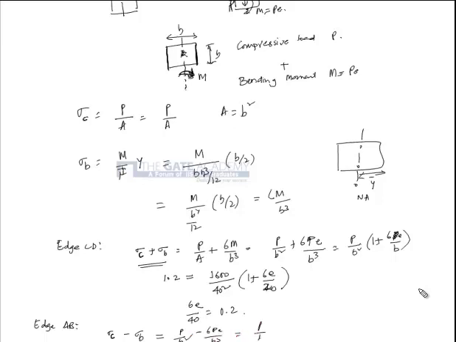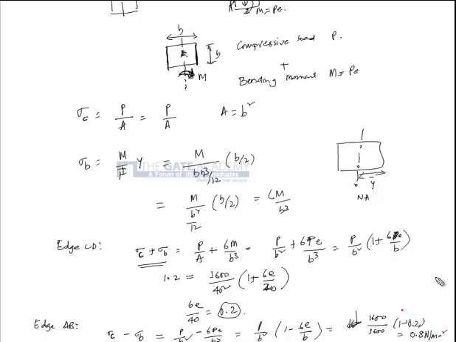So this will be P by B square into 1 minus 6E by B, which we already got as 0.2. P is again 1600 by 40 whole square, into 1 minus 0.2. So this will give rise to 0.8 Newton per mm square.